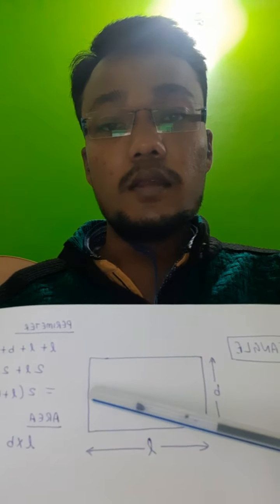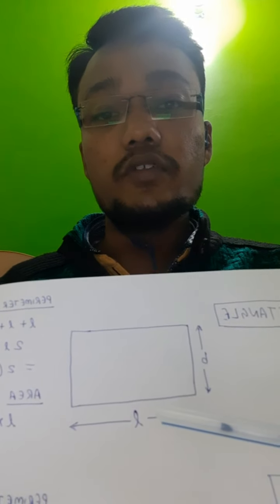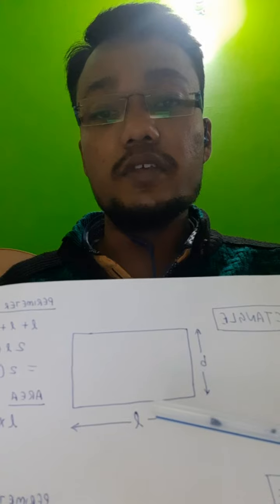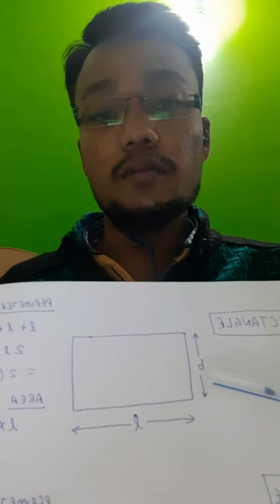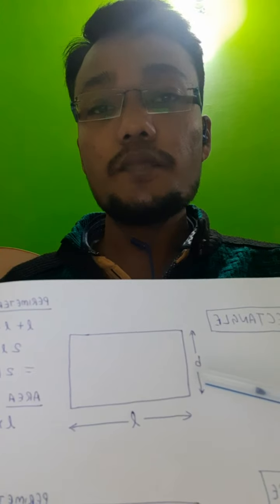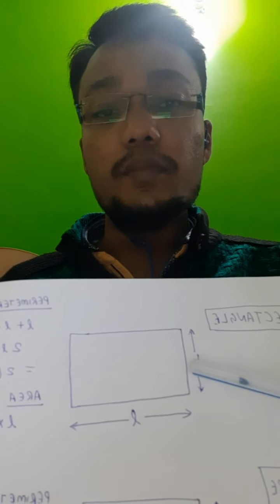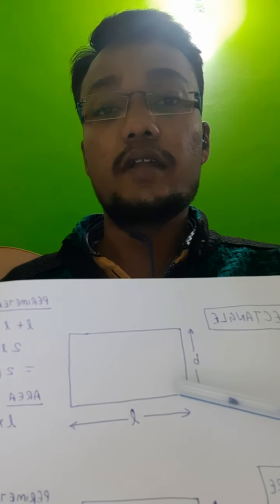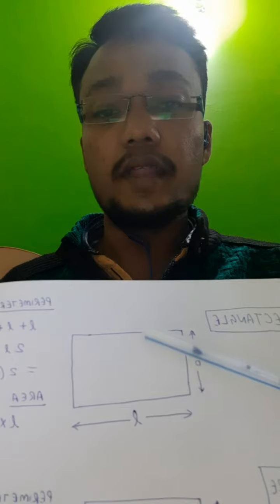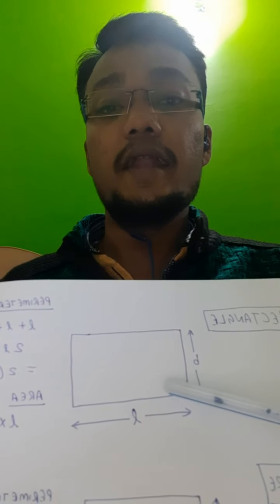We have two dimensions in this rectangle: the first is the length, denoted by L, and the second is the breadth, denoted by B. The angles between the adjacent sides are 90 degrees.